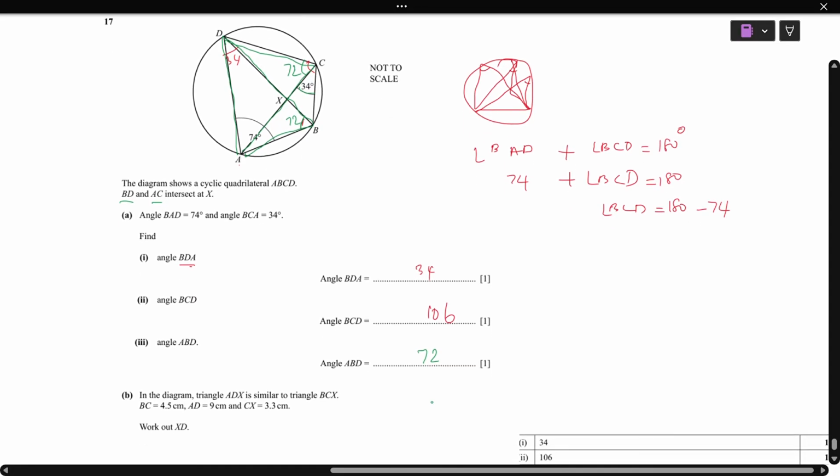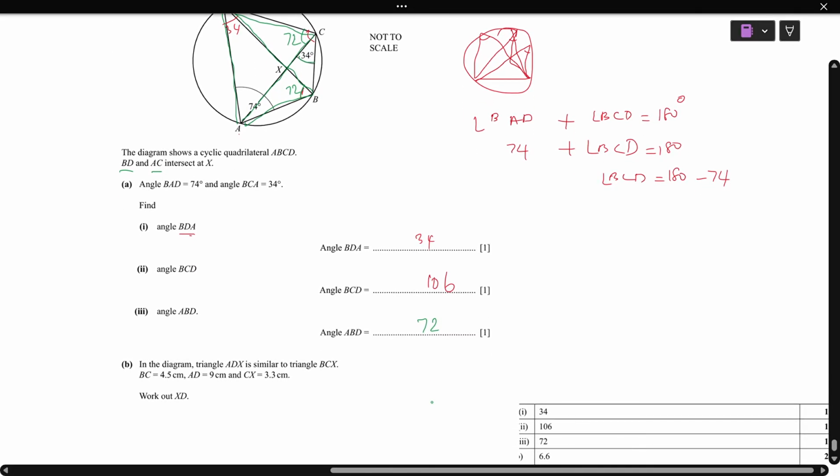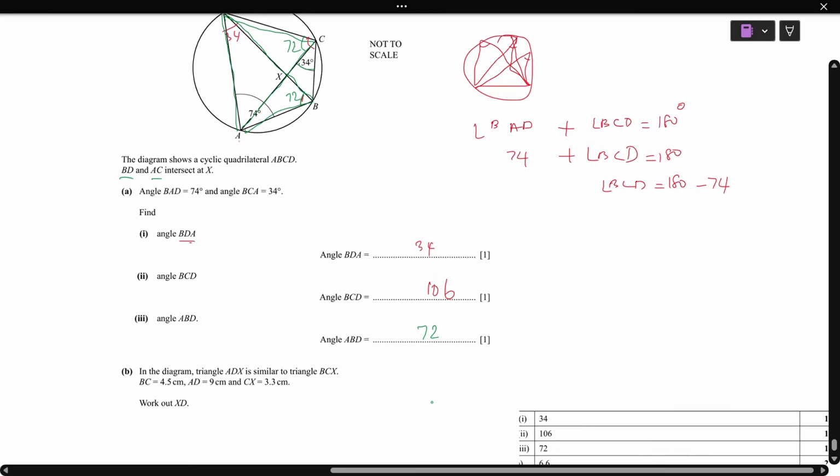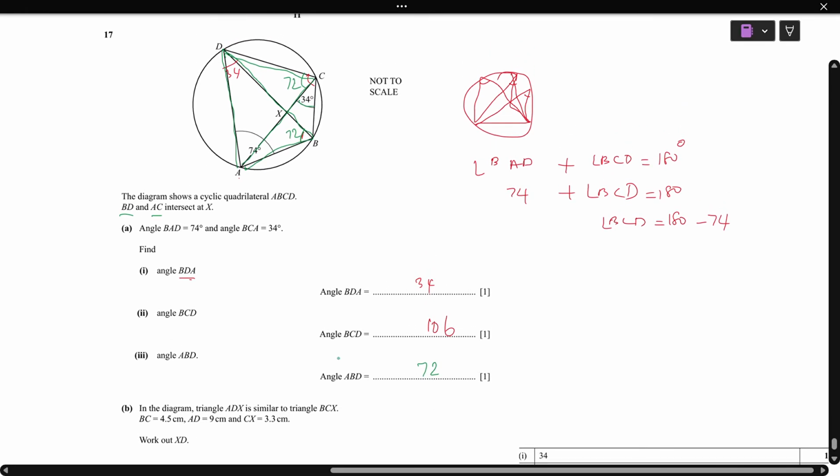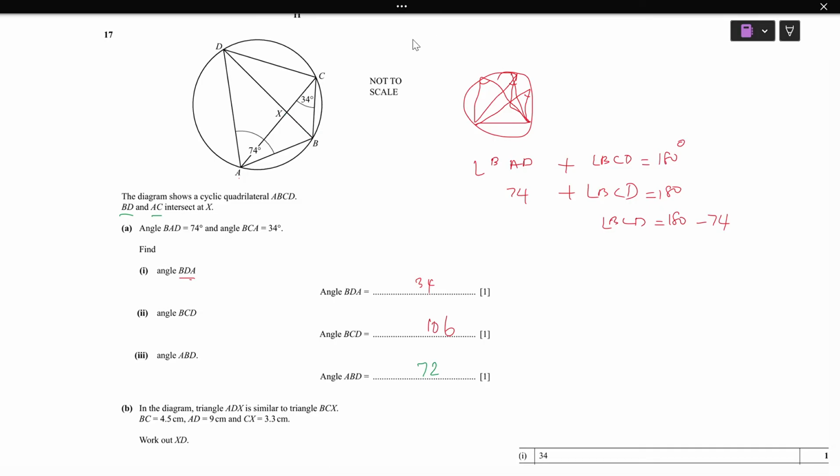Okay, next question. The diagram shows triangle ADX and triangle BCX.